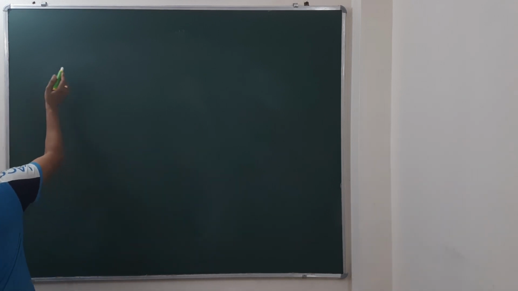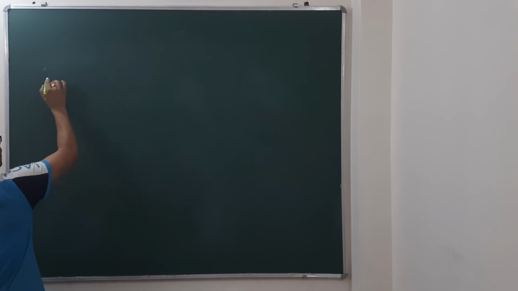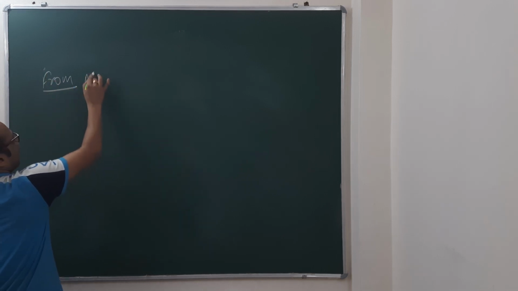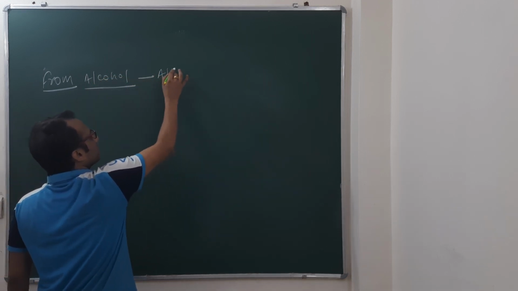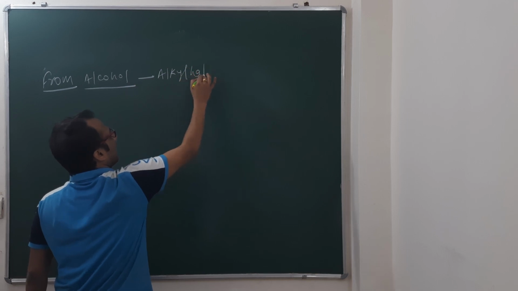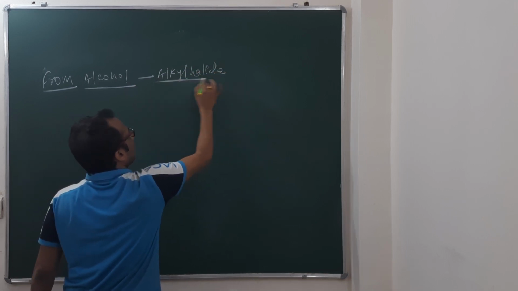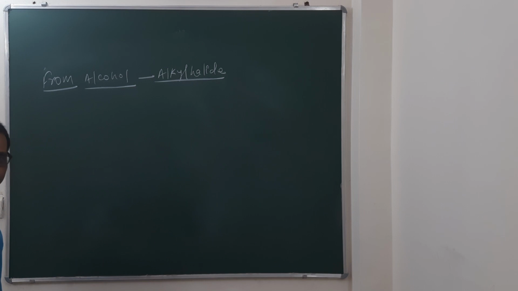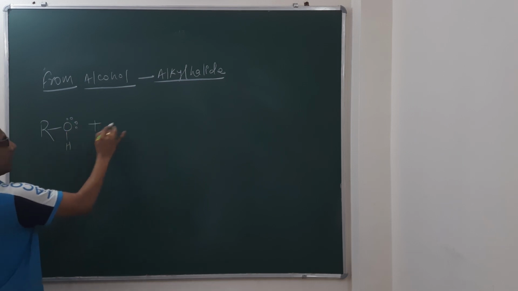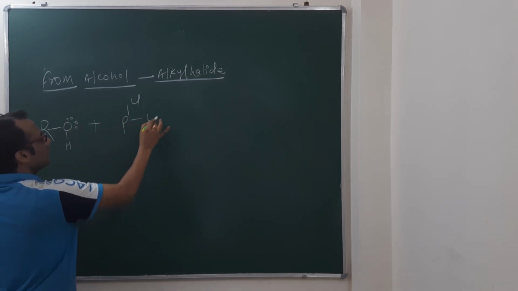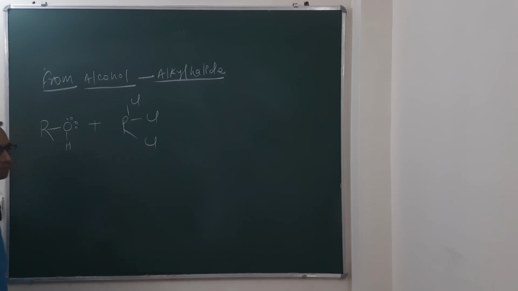See students, this is from the methods of preparation, from alcohol to alkyl halide in the presence of PCl3. So see here, ROH, and we have taken P, Cl, Cl and Cl.